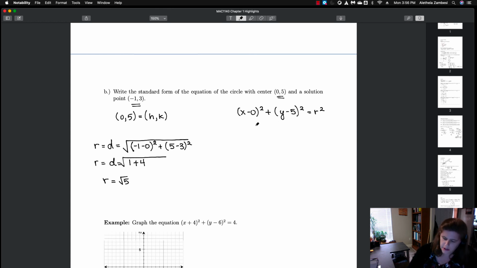Simplifying our equation, I have x² + (y − 5)² = (√5)², or finally, x² + (y − 5)² = 5. And there's the equation of our circle.